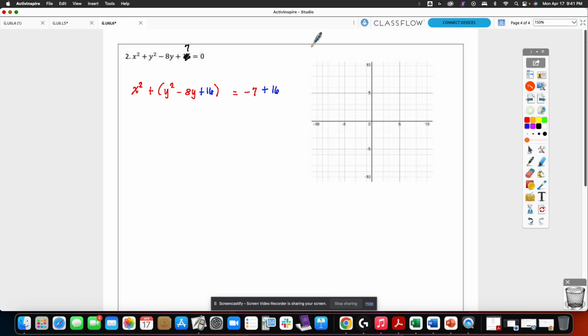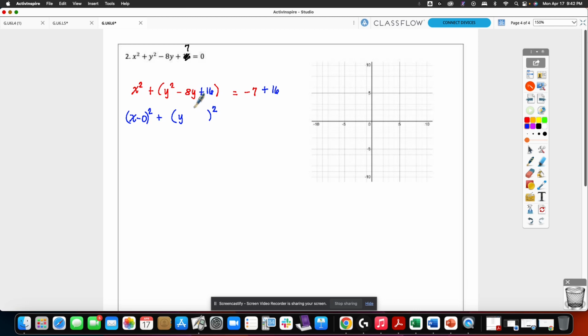Okay? Now, let's write this as a square of a binomial. Now, if you want, you can write x squared as x minus 0 squared so that you can see the h. So x minus 0 squared. Now, for the y here, that would be y.